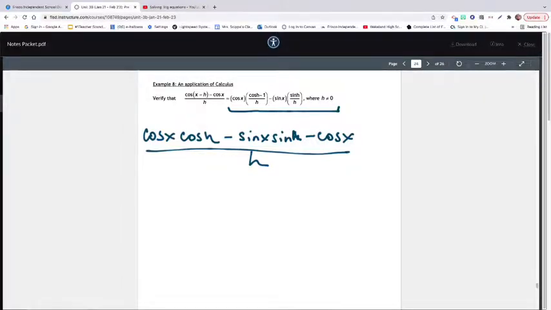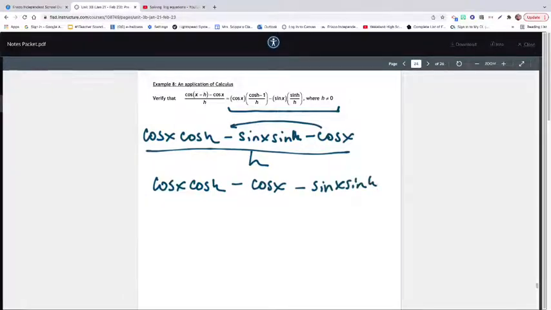Okay, so let's look at what we can do here. I'm going to put this over here, group it to where that's together. So we've got cosine x cosine h minus cosine x, minus sine x sine h, all over h.